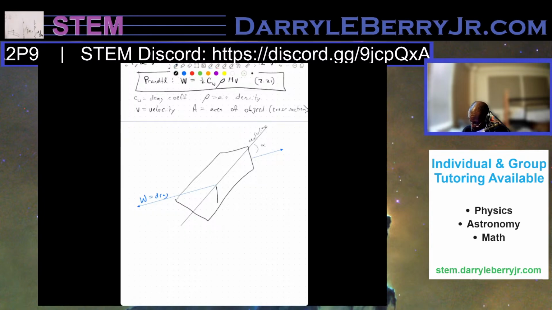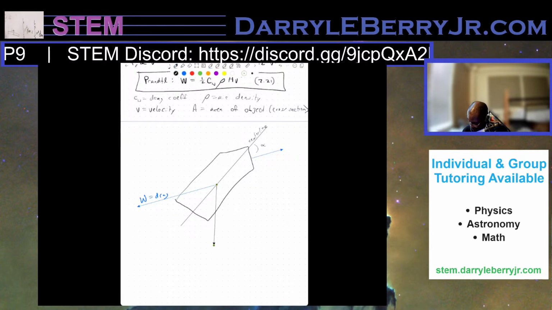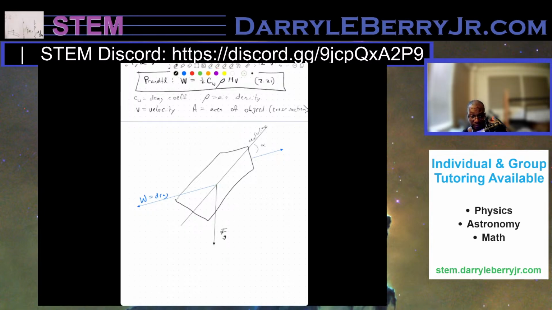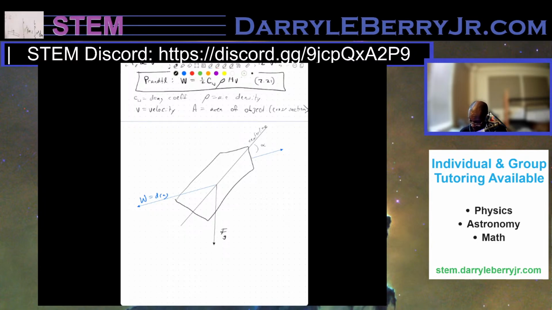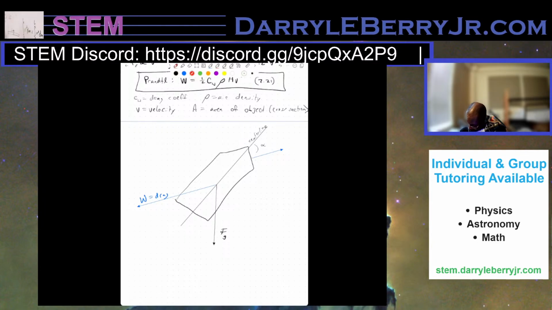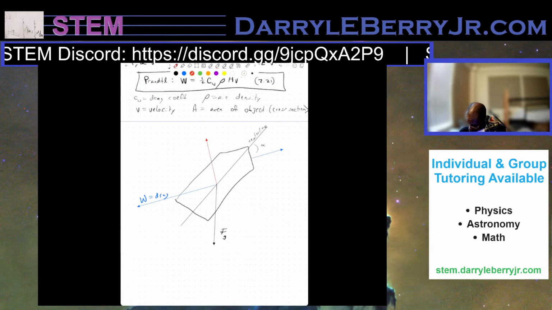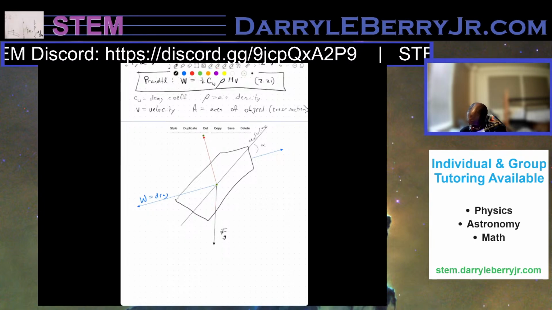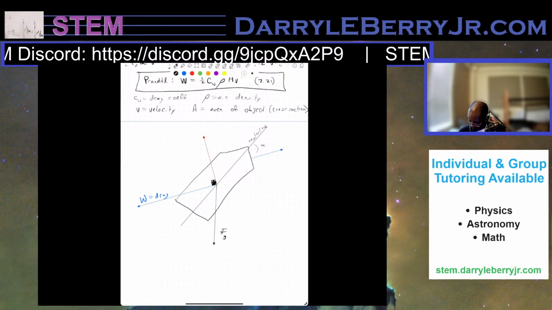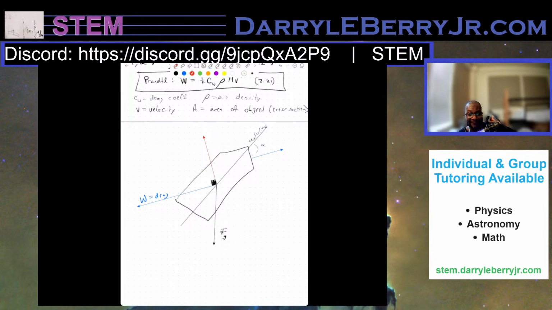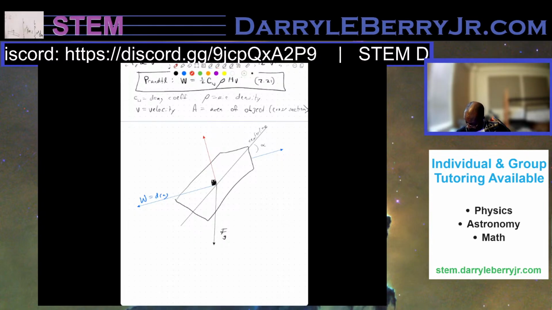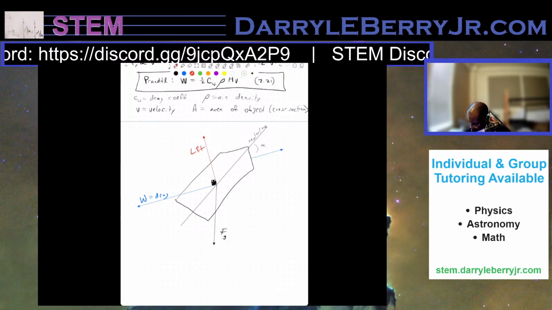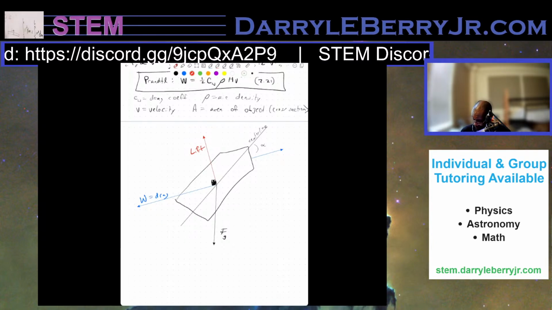We have F_G going straight down. And we have at a right angle, and what is L again? Lift. This is velocity.